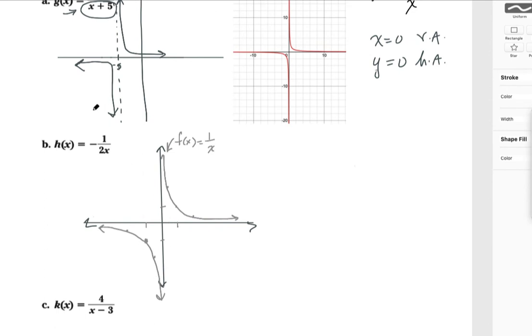All right, so now let's think about what's happening with this 2 in the denominator. What happened when x was 1 is now the same thing that happens when x is 2 times 1. So when x is 1, we're actually going to be down here. Everything's going to happen faster when we look at this graph. I'm not even looking at that negative right now.